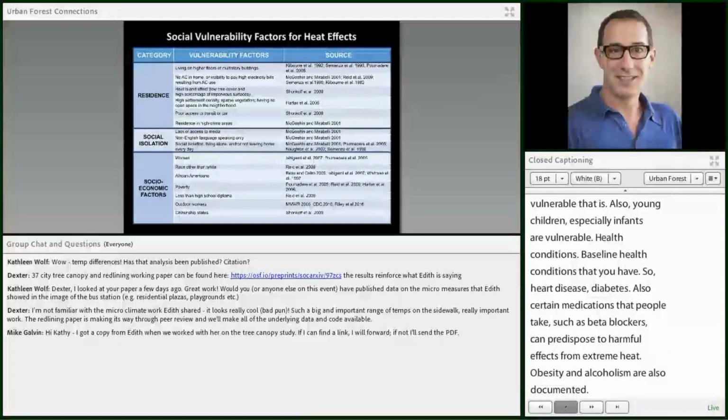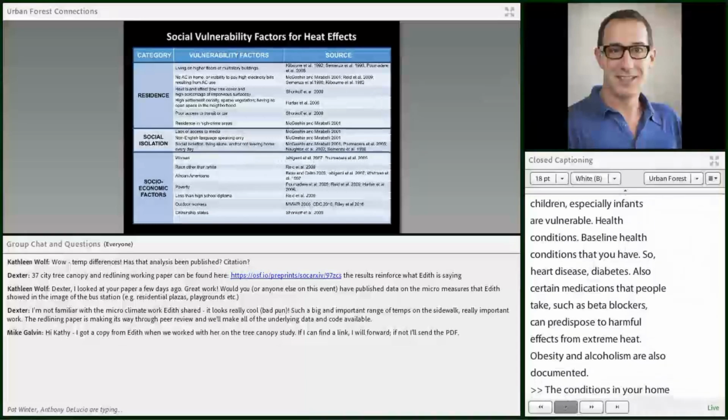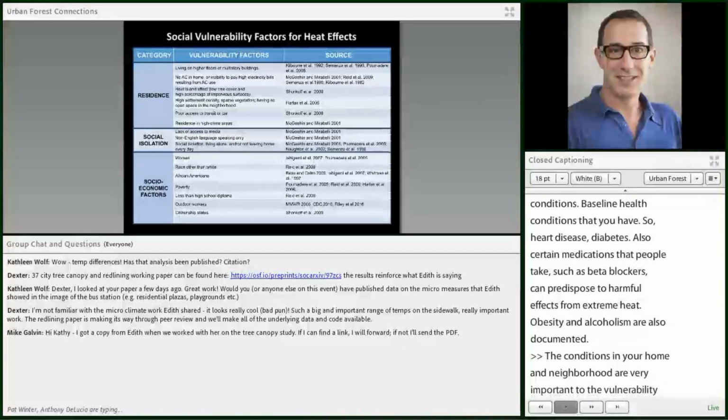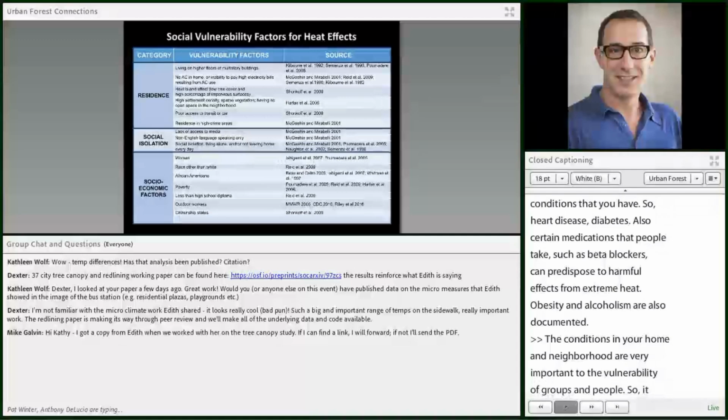The conditions in your home and neighborhood are very important to the vulnerability of groups and to people. So as would be pretty obvious, if you are living in a neighborhood that's very hot and you have no air conditioning, that's going to be a major contributor to your vulnerability.